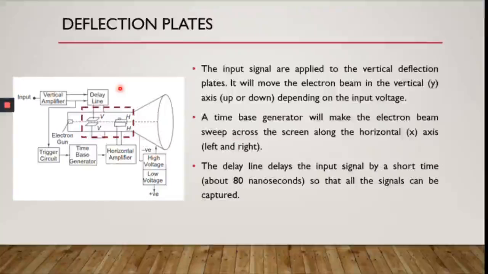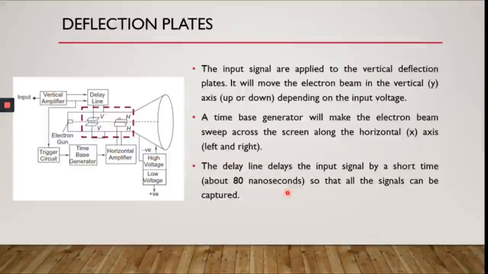The delay line in the input signal is used to slightly delay the input so that it matches the output from the time-based generator. So the delay is very small, only around 80 nanoseconds, which is 80 times 10 to the power of minus 9.